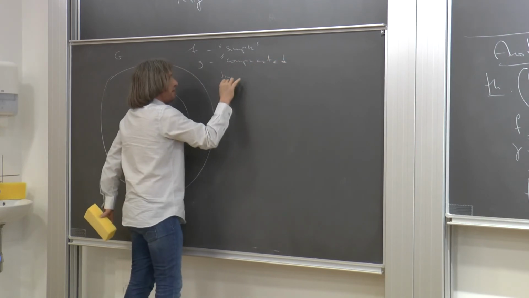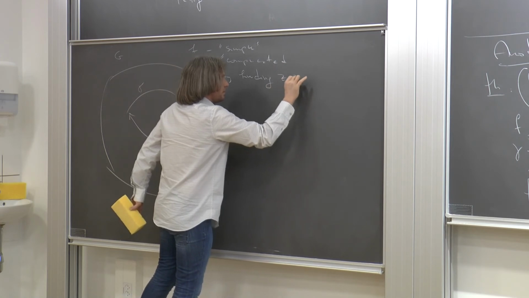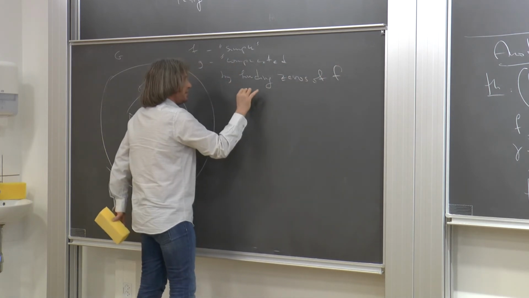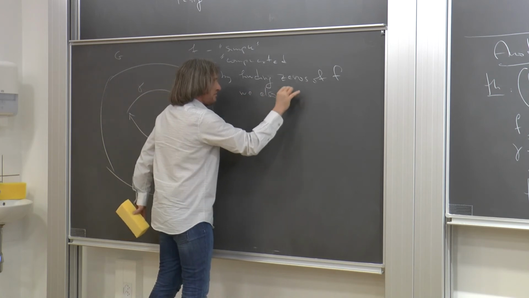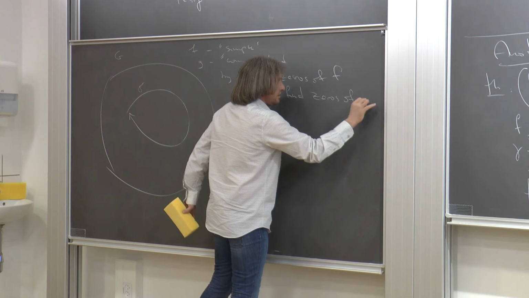So by finding zeros of f, we also find zeros of g.